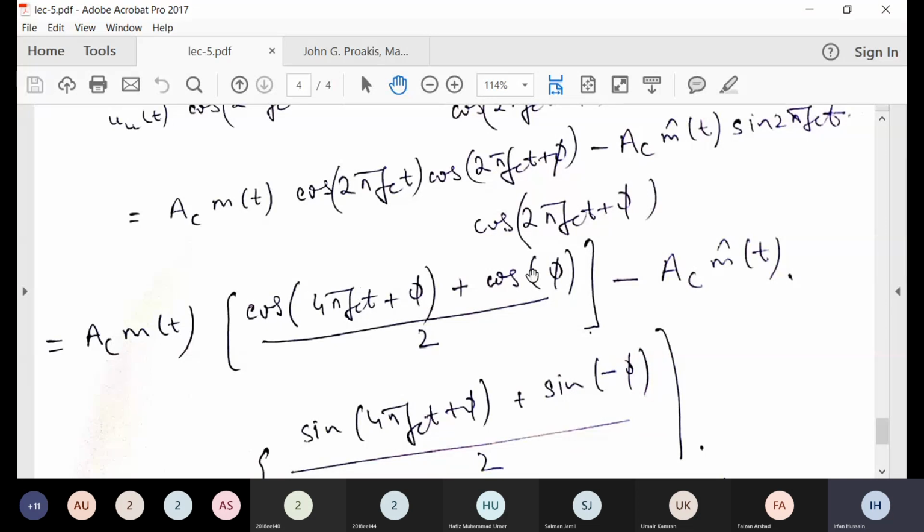This can be written as the sum of two cosines divided by 2, alpha plus beta and alpha minus beta. Similarly, you can write a sine times a cosine as a sum of two sines. Here this will be cos of minus phi, but we know cos of minus phi is equal to cos of phi.